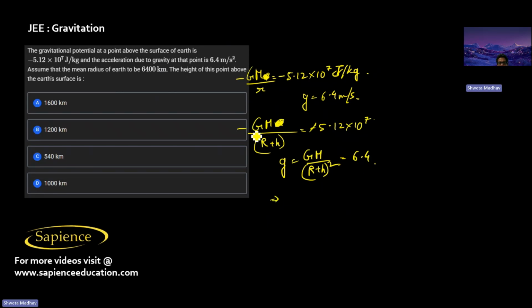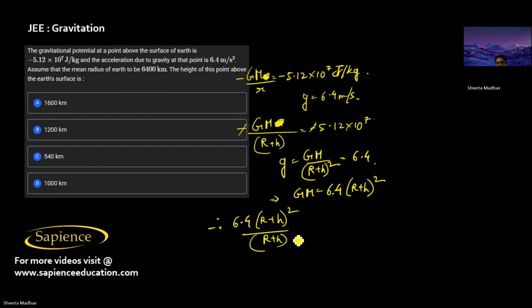So GM I can tell is 6.4 into r plus h whole square. Therefore I can say 6.4 into r plus h whole square divided by r plus h is equal to 5.12 into 10 power 7. So r plus h will cancel. So r plus h will be equal to 5.12 into 10 power 7 divided by 6.4.